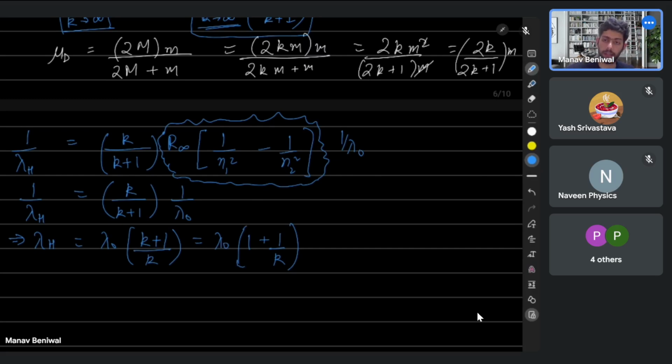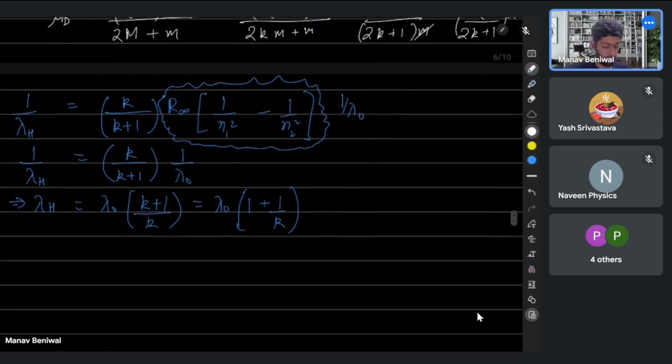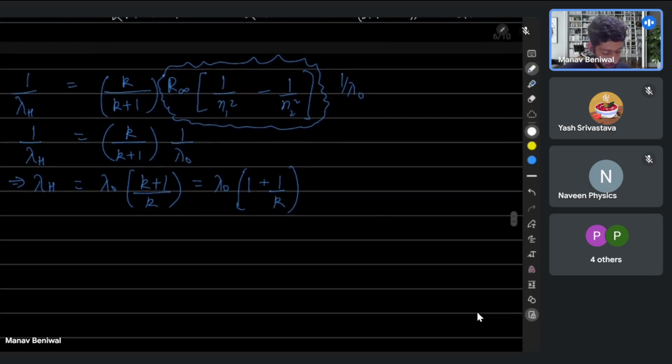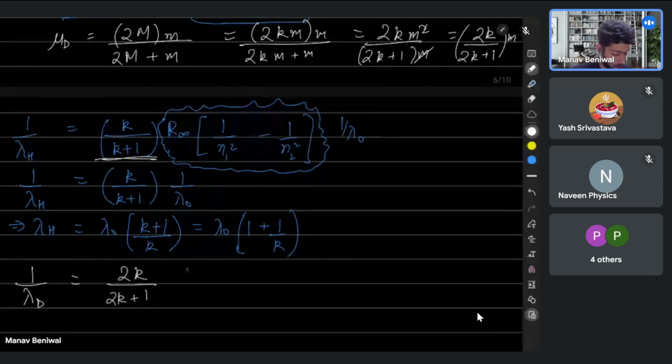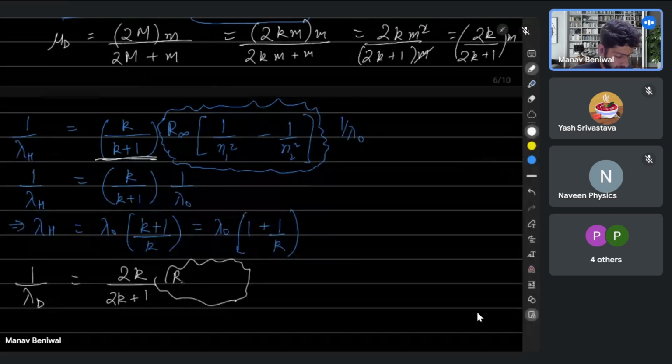Let us now do the same thing for deuterium. Instead of this term, we'll now have 2k over 2k plus 1, because this is the effective mass now. Then this term will remain the same, which is basically your r infinity times 1 over n1 squared minus 1 over n2 squared, and this is simply 1 over lambda naught.